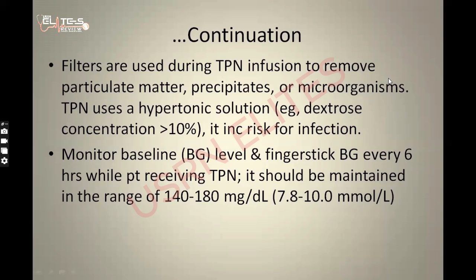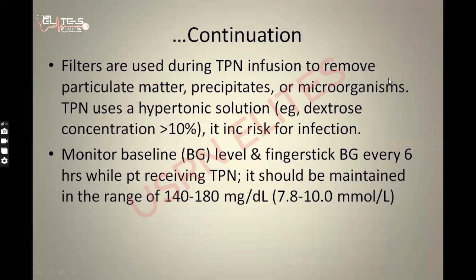You don't want to push into the patient's vein things that are in the form of precipitate. So it's very important to use a special giving set that has these filters, so that if there is anything that shouldn't enter, the filters can trap it.